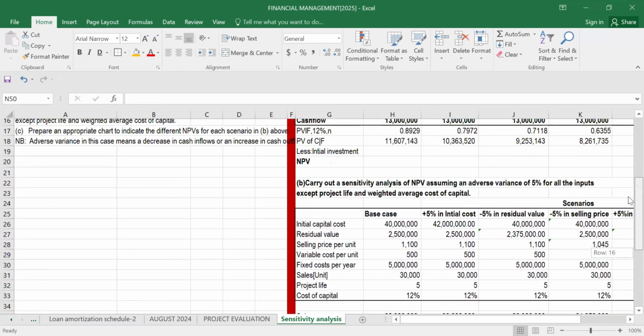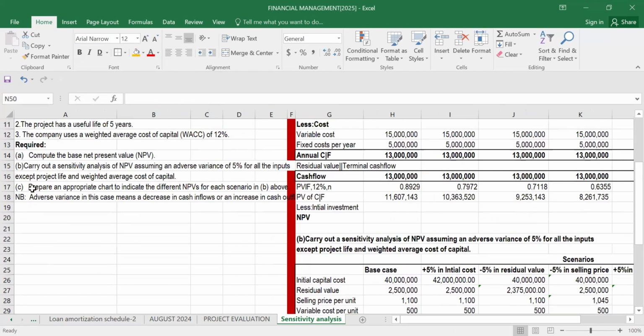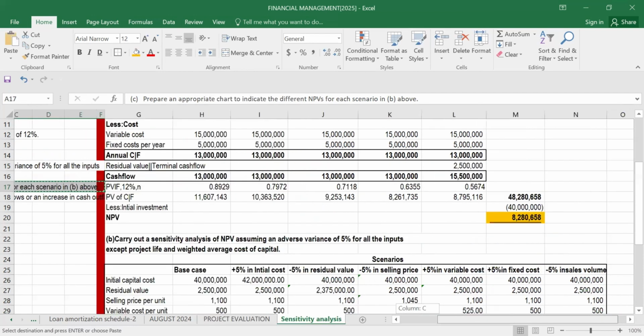And actually, you can see that was quite involving. So let's do the last part, whereby we are required to prepare an appropriate chart to indicate the different NPV for each scenario above. So we just copy this one. This one is quite simple because we have everything.